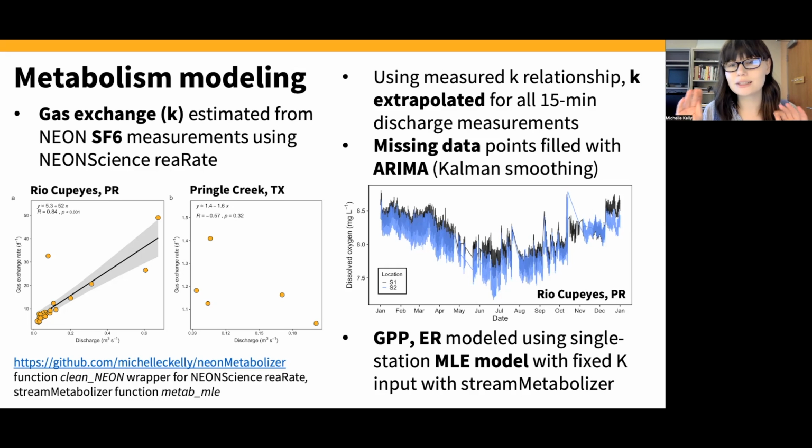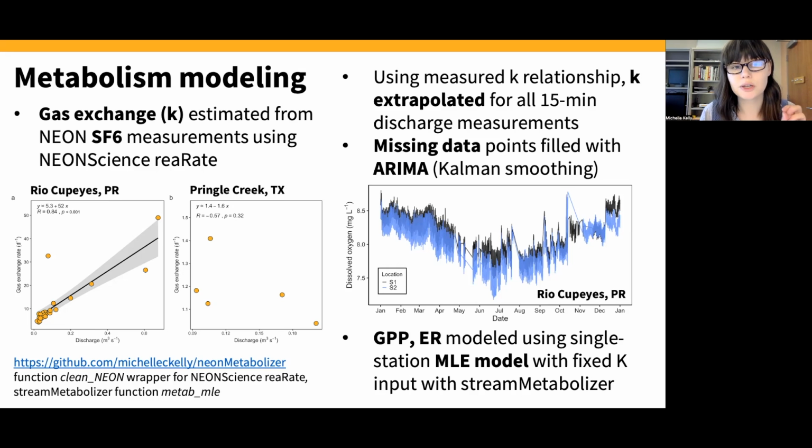At sites where there was not a very nice linear relationship, which was only 2 sites out of the 12, we just used a mean of the measured gas exchange numbers for all of the discharge measurements in the time series.